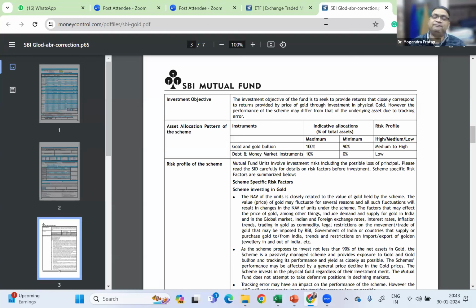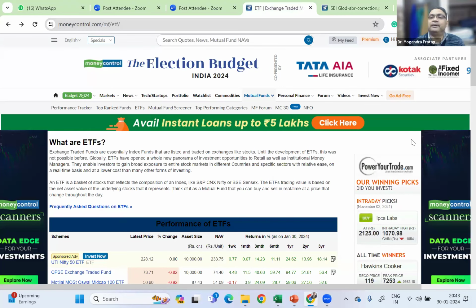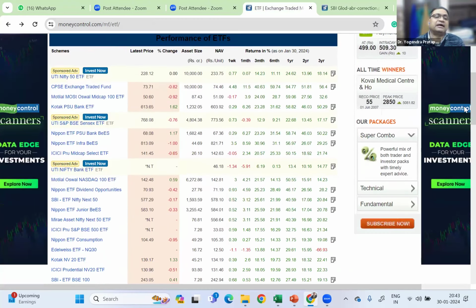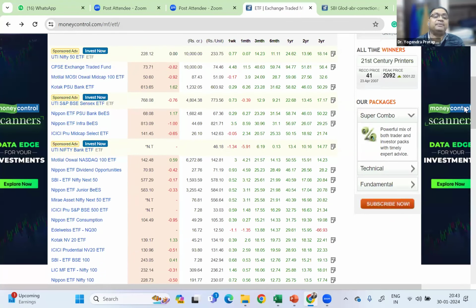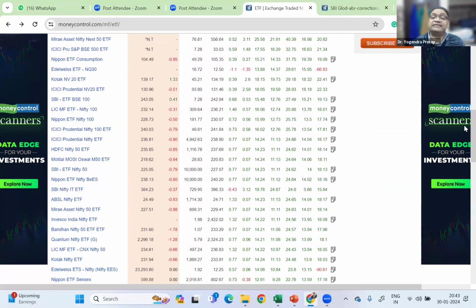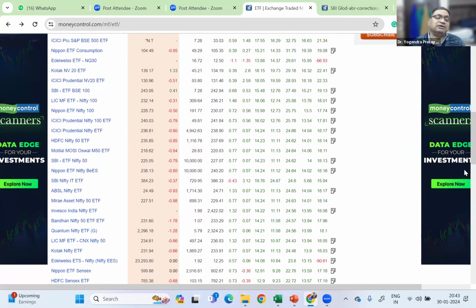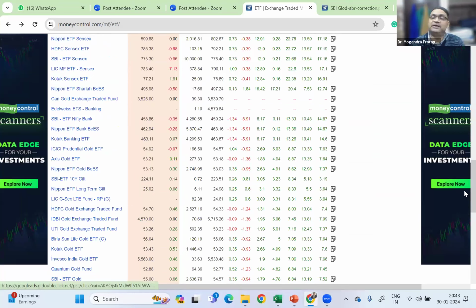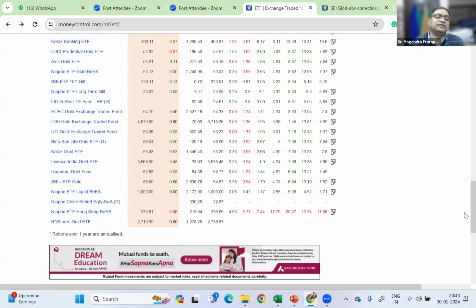Same with the Nifty. If you are positive about the Indian economy, you go for the Nifty BeES launched by different companies. For this you require a demat account, and you need to have your demat account with your broker, because only then can you purchase this.